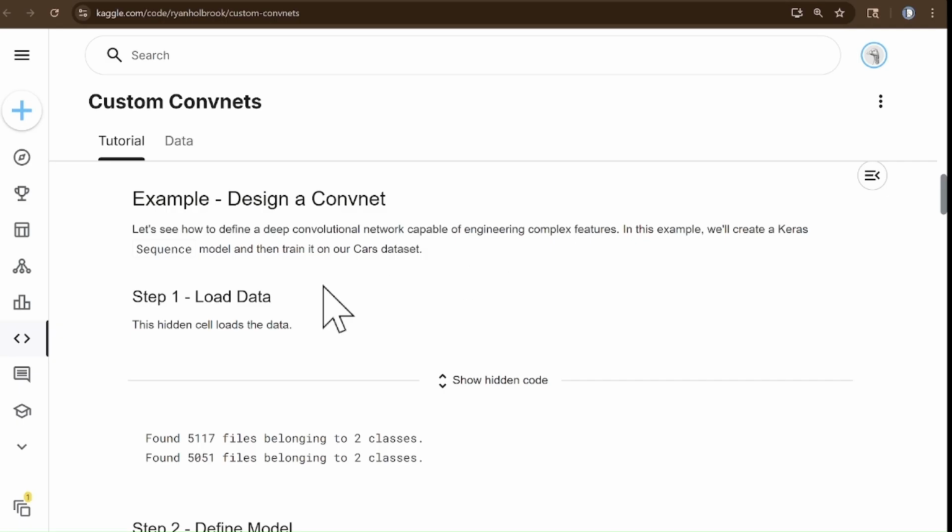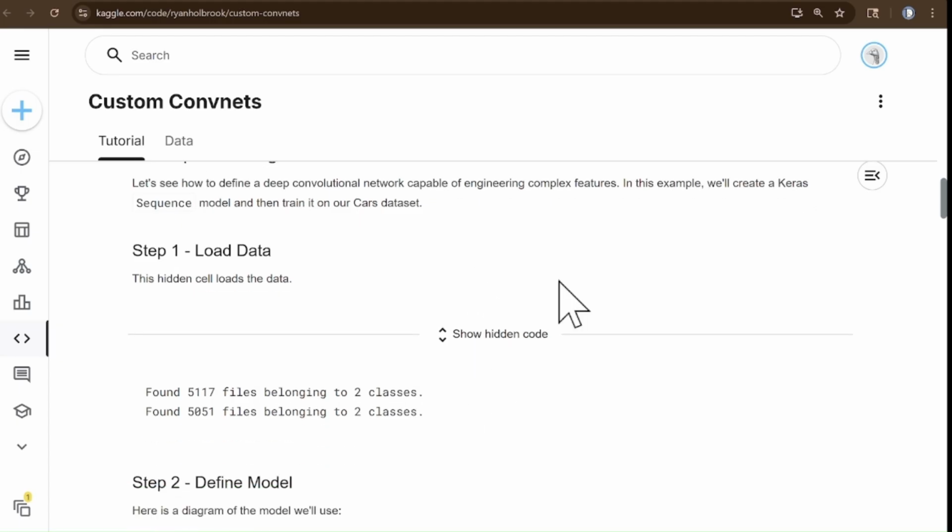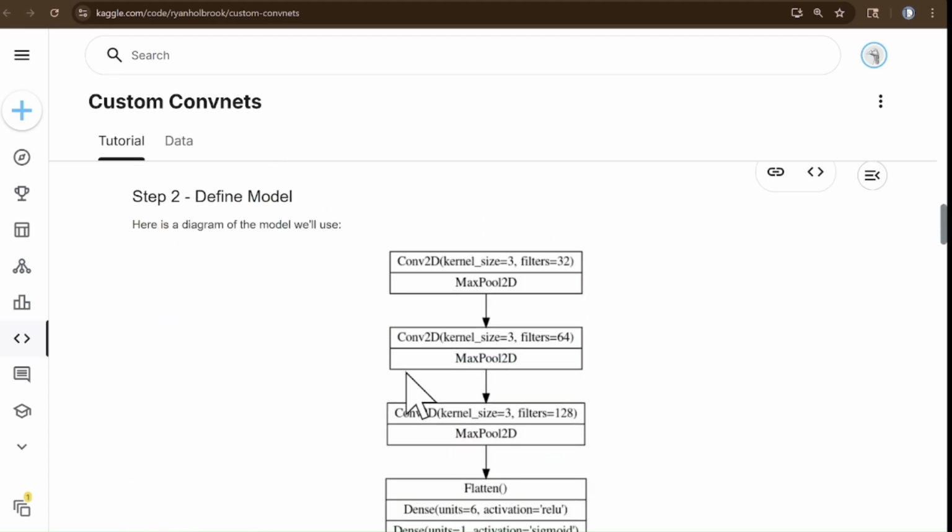Now let's design a convnet. First, how to define a convolutional network capable of engineering complex features. In this example, we will create a Keras Sequential model and then train it. First load the data. Let's define the model. In the first block, you are doing Conv2D with 32 filters, then max pooling. Same thing in the second block, where the filters increase to 64, and you are doing max pooling.